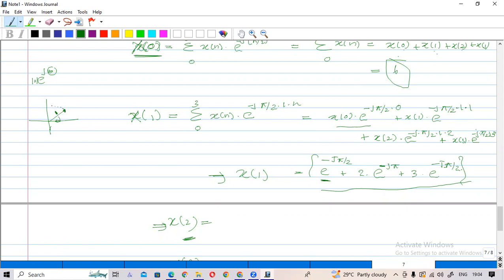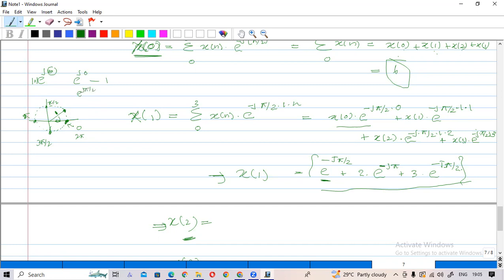So let's say that this is this kind of circle. If we consider this circle, if θ is 0, your point is here. So this is θ equal to 0, this is θ equal to π/2, this is θ equal to π, this is θ equal to 3π/2, and again this is θ equal to 2π. So if we have e^(j0), that is 1, your point is here.